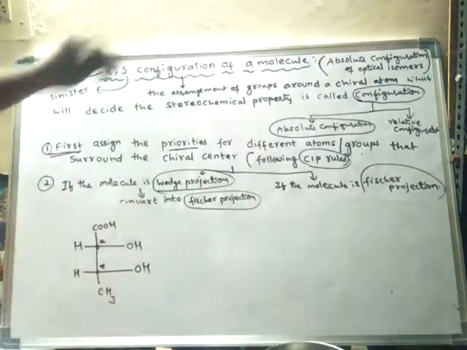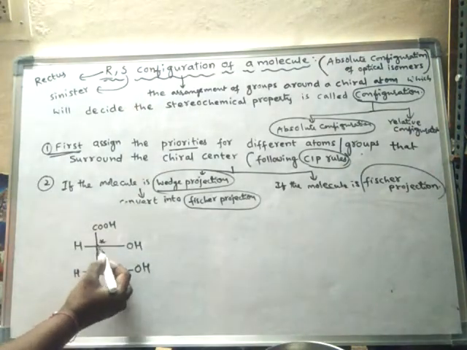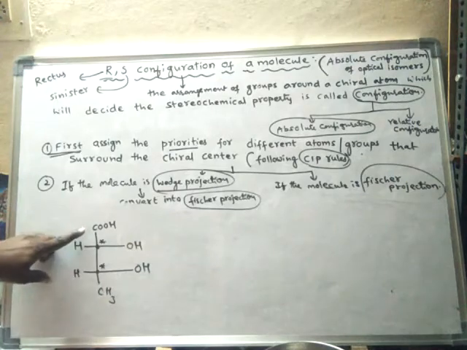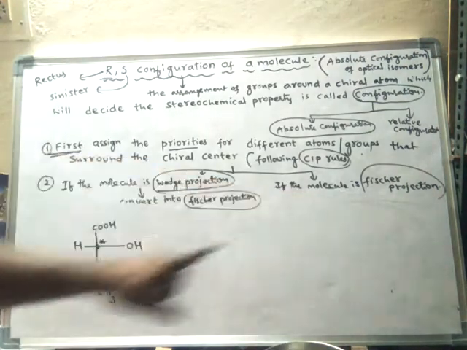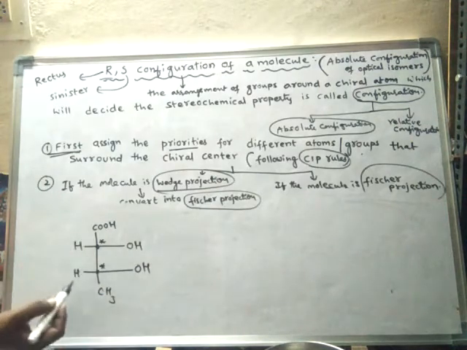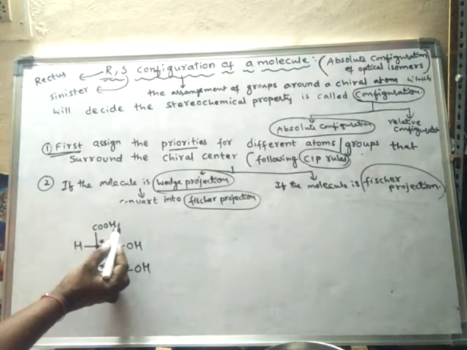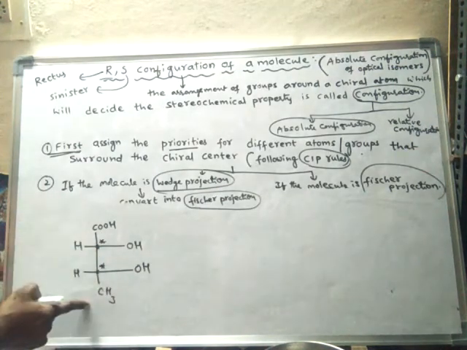First we will decide. Remember that this is directly the Fischer projection. While writing the Fischer projection, we have to give numbering from top to bottom.